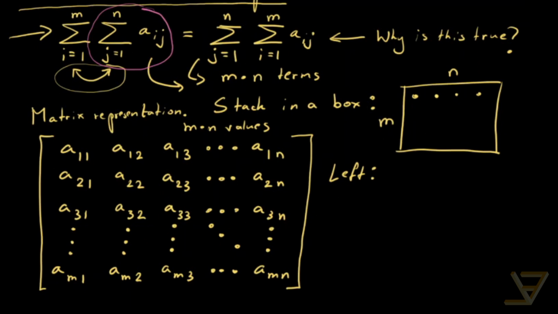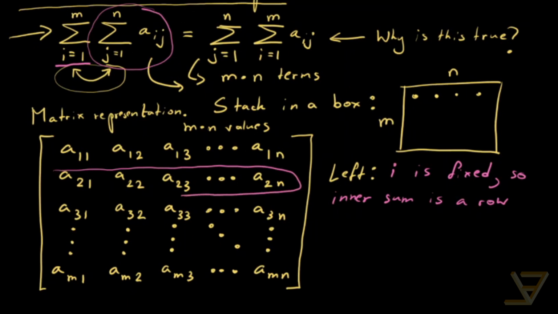The inner sum has i fixed, because we fixed it when looking at the counter for the outer sum. So the inner sum is a row. We have something like this. This is the second inner sum.